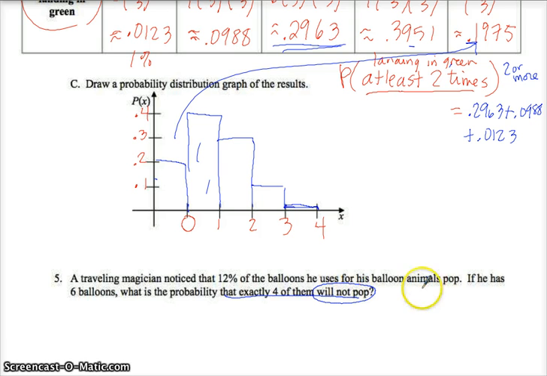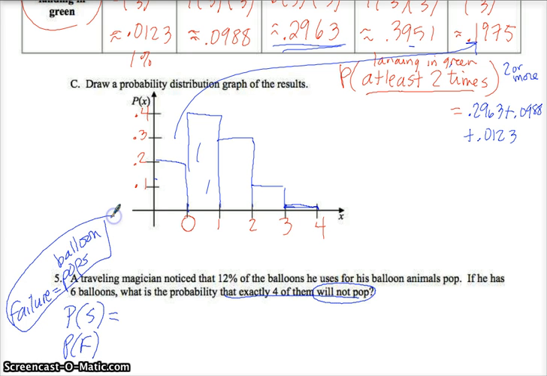Okay, so if they don't pop, that means they stay as a balloon. So I said 12% of the balloon animals pop. So is that success or failure, I guess is what you want to decide. So I would say that's your failure, that it doesn't stay popped. So I'm calling a failure the fact that the balloon pops.